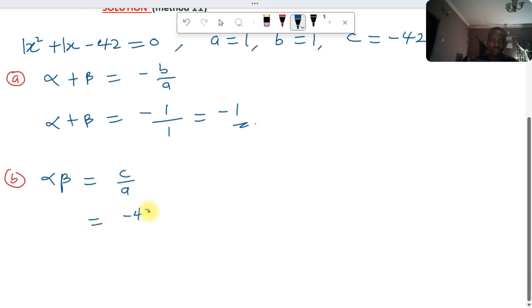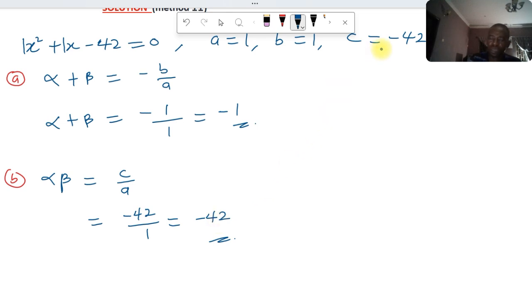Negative 42, as you can see on your screen, over, what's a? A is 1. And at the end of the day, we got minus 42 as our answer, which is the same thing as what we obtained in the first method. But this method is faster and shorter.